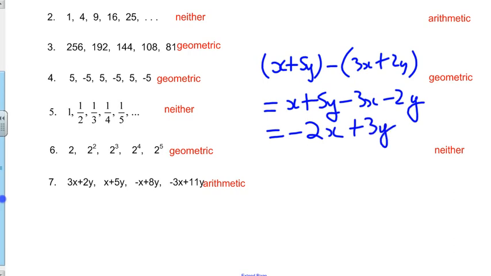You go with negative x plus 8y minus x plus 5y, and you'll get the same thing, which will tell you it is arithmetic. If you want to verify, you can do one more. Or once you've got this, you can just say, what if I subtract 2x and add 3y? I'm going to get the next terms.